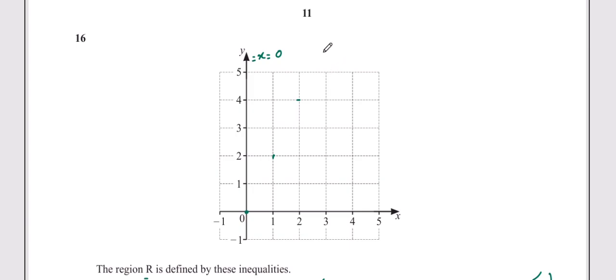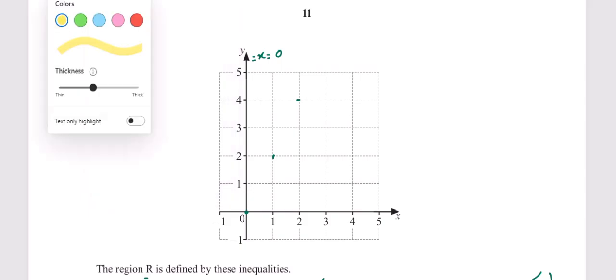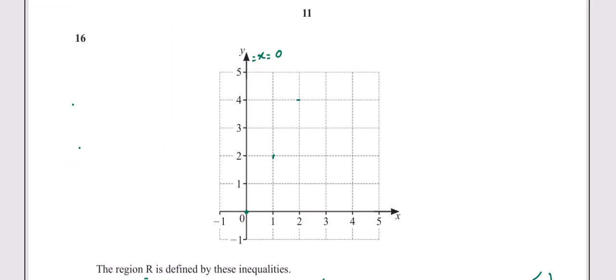That is out of the grid. So these 3 points are sufficient to draw this line. Join these 3 points. You can extend this line.